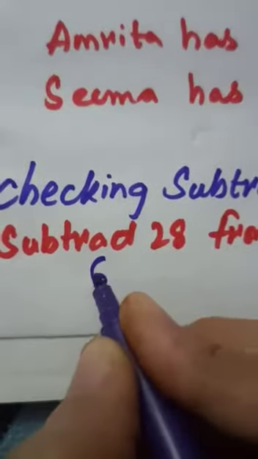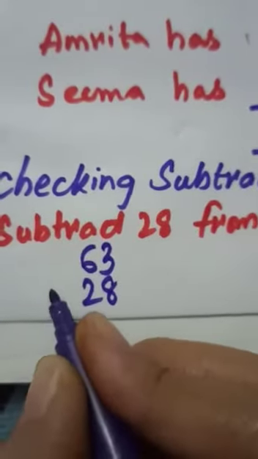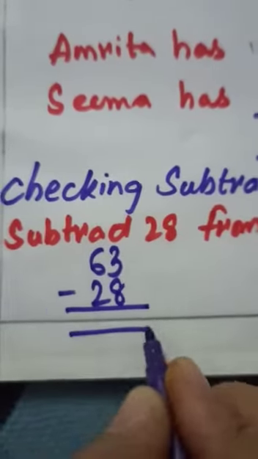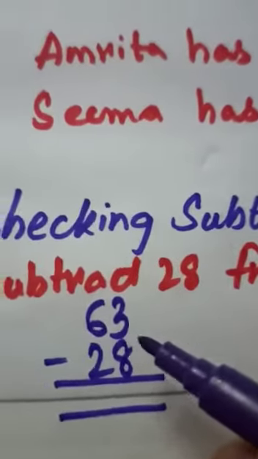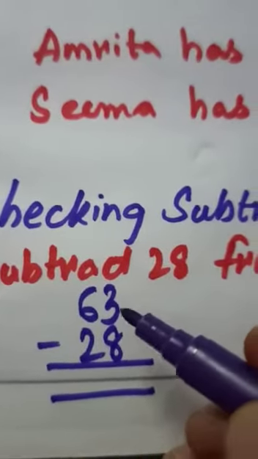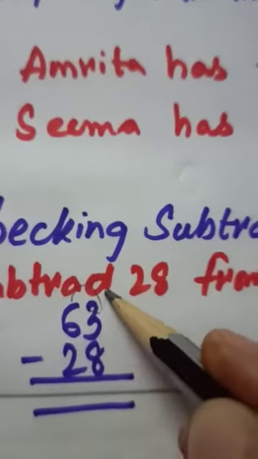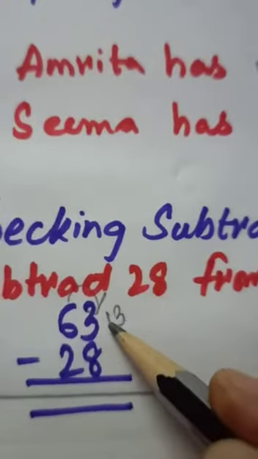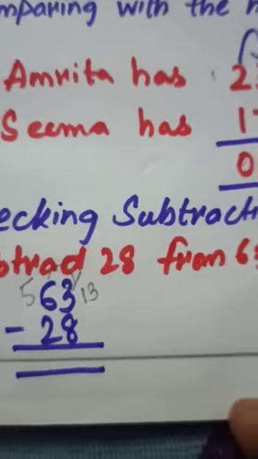So first write 63 and 28. Can we subtract 8 from 3? No, because this 8 is greater than 3. So we have to take 1 ten from this 6 and this 3 will become 13 and this 6 will become 5.